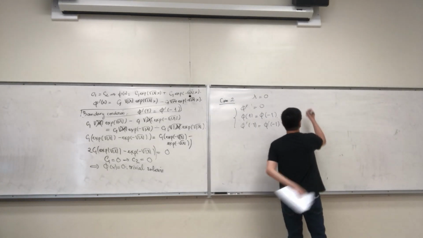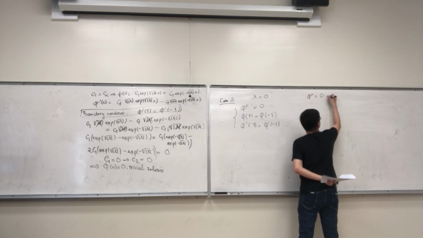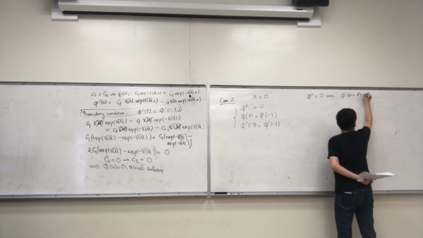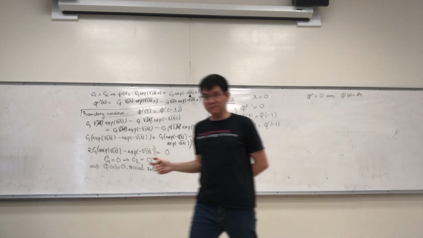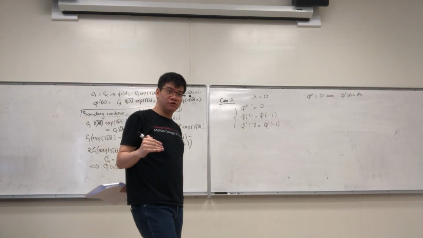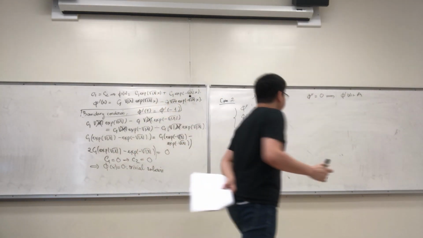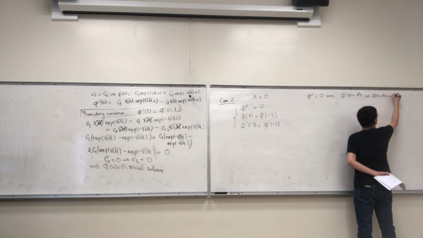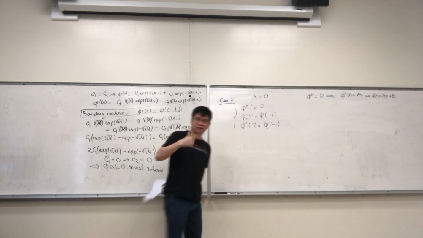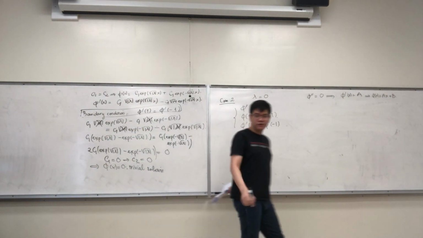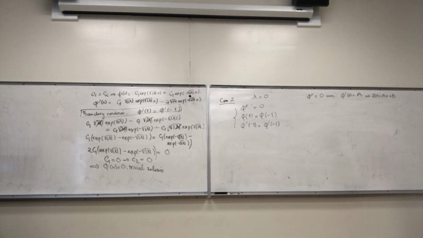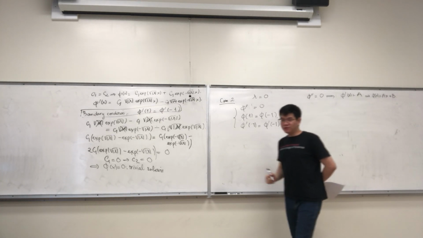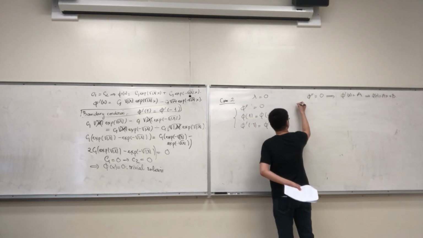When phi second is 0, phi prime will be the antiderivative of 0, which is a constant. And this gives you phi of x is ax plus b. This is the procedure that we went over several times in previous classes. Now you have to use the boundary conditions.